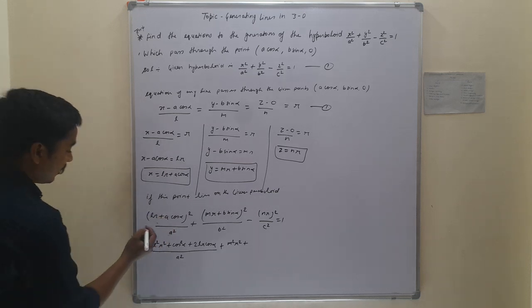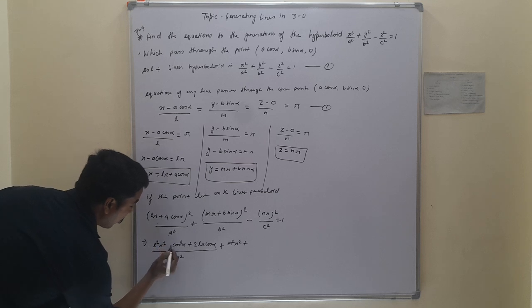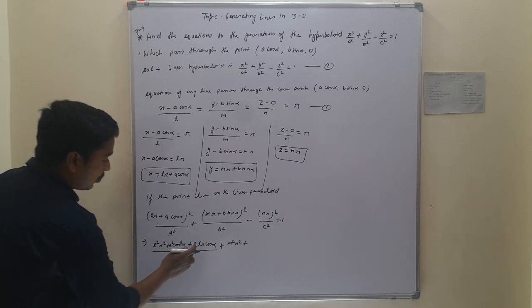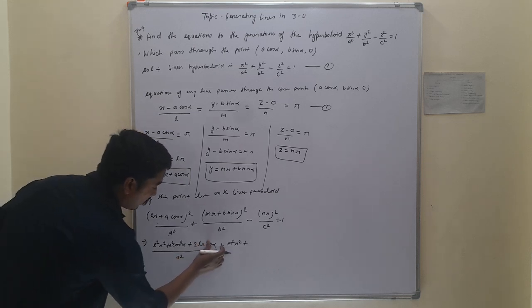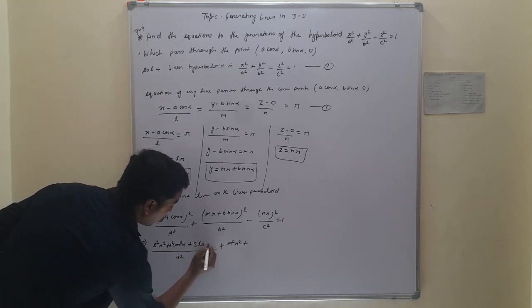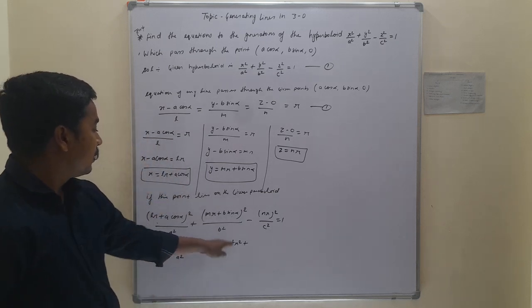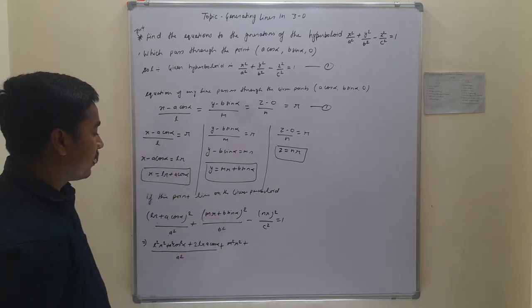Opening, this gives a square plus a square cos square alpha plus 2lr a cos alpha. Similarly, we open (mr plus b sin alpha) whole square.